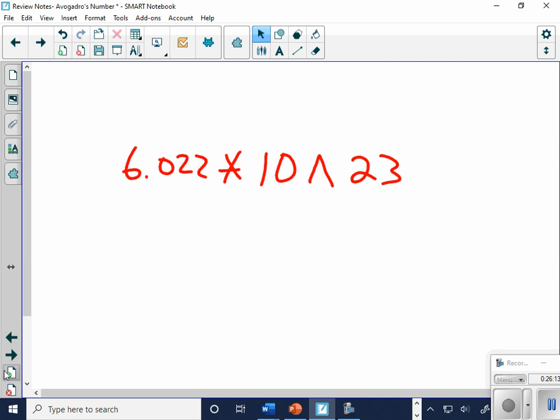When you are doing Avogadro's number, type in 6.022, hit second function, the EE button, and it should give you a little e, and then type in 23. That is scientific notation in your calculator. Make sure that you use that E button, please, because it'll mess everything up if you do not.